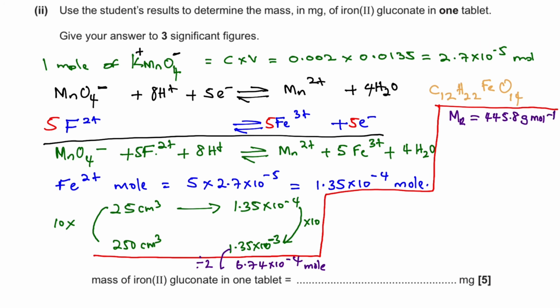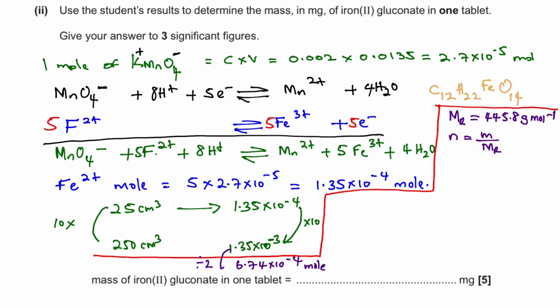Now we need to work out the actual mass using the mole and relative molecular mass formula. We know mole is mass over relative molecular mass. We know the relative molecular mass, we know the mole, we want to find the mass.